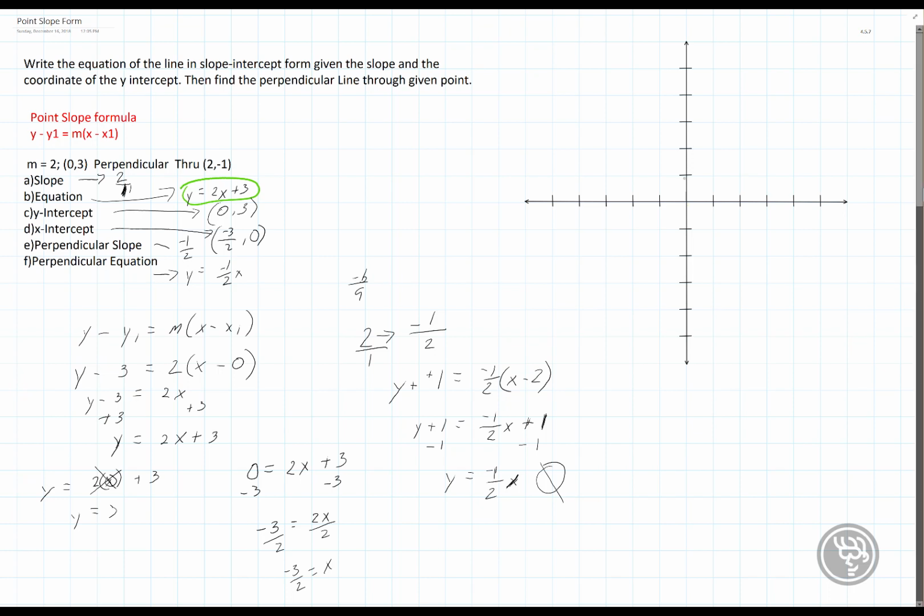So we're going to do 0, 1, 2, and 3. And then we know it's positive, so the line has to go this way. We go up 2 and then over 1. And that's your line right there.